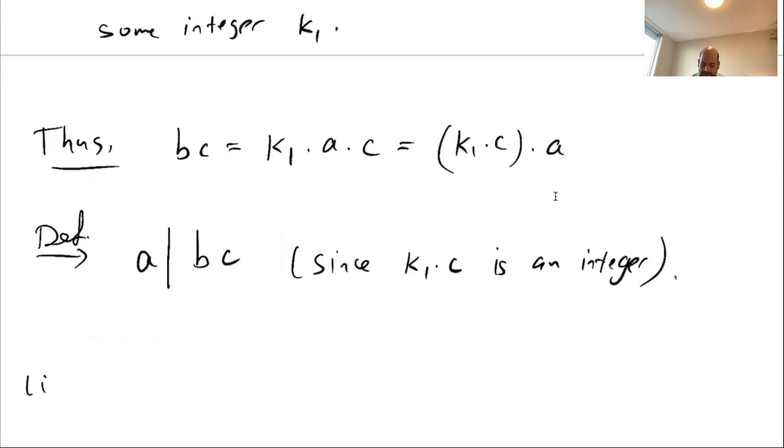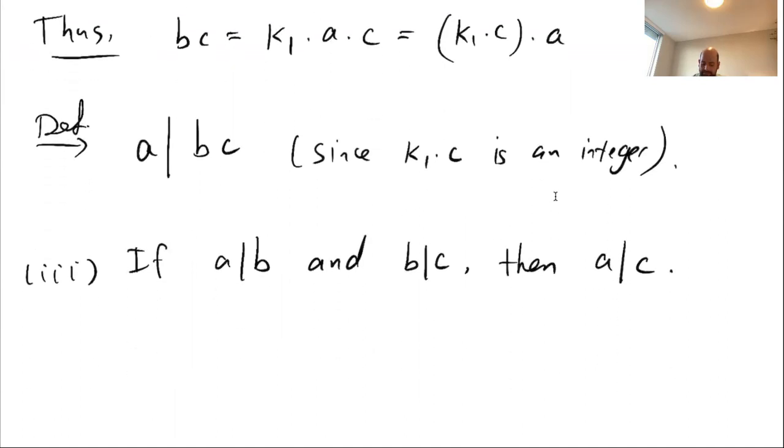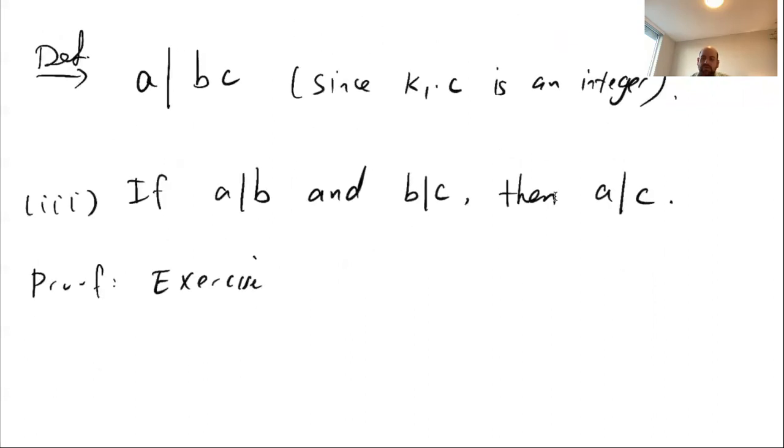Now, the next property: if A divides B and B divides C, then A divides C. So let me leave the proof of this as an exercise, because we already did the proofs of two properties. So I think you can do this on your own.